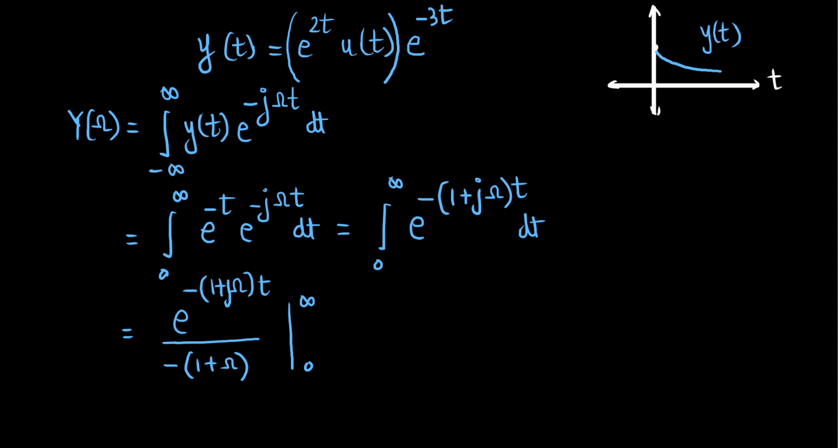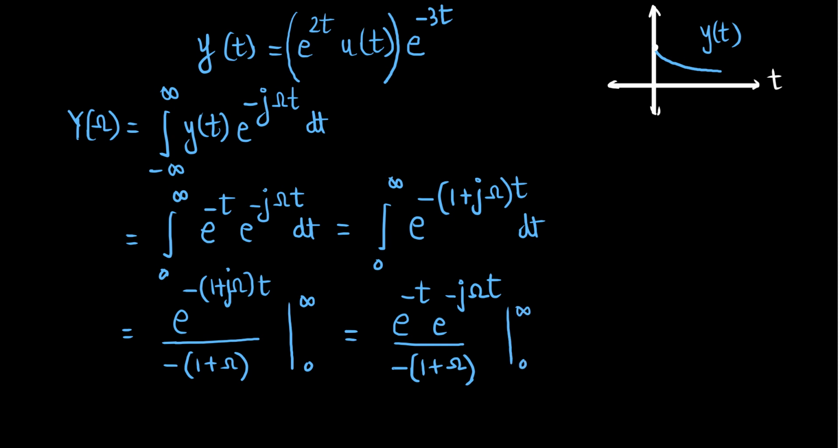You can see that this is going to be e power minus t times e power minus j omega t, divided by this minus (1 plus j omega), with limits from 0 to infinity.